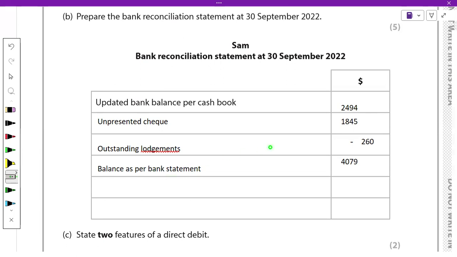Unpresented checks are not deducted by the bank yet, so we have to add them back. And the outstanding lodgements you already added in your cash book, so we have to deduct them. After that we will receive the amount on our bank statement, which is 4079. So we are done with this.